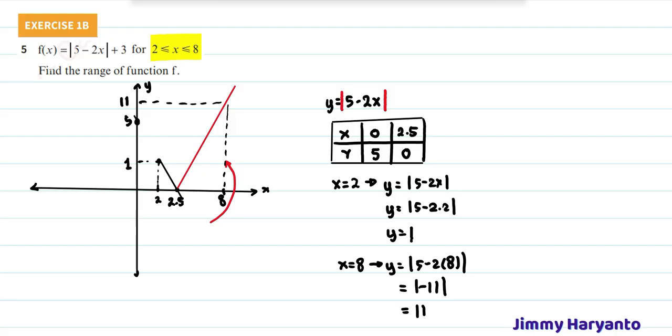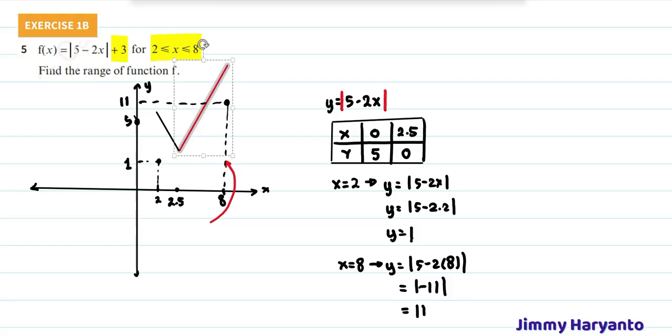Okay, this is the idea on how you find the range of a function, any function, not only modulus function. And then do not forget that we still have plus 3 at the end of the function. That means a translation along the y-axis, 3 units going up. So you have to move our graph 3 units up, 1 2 3.